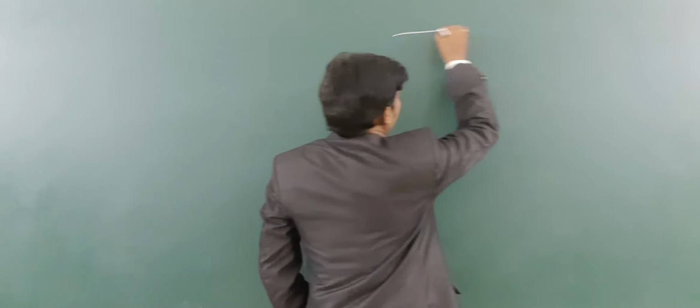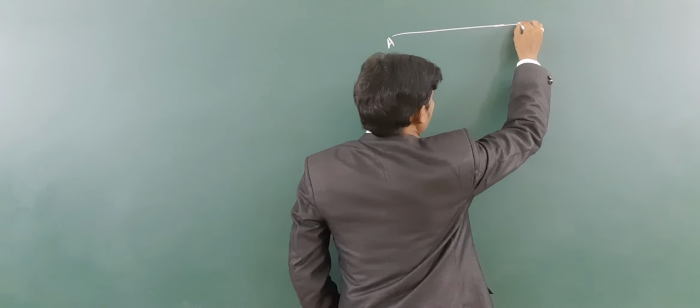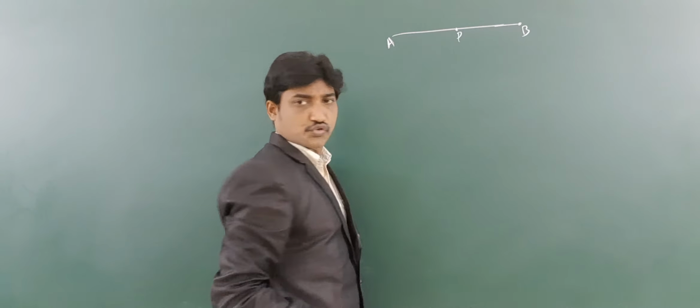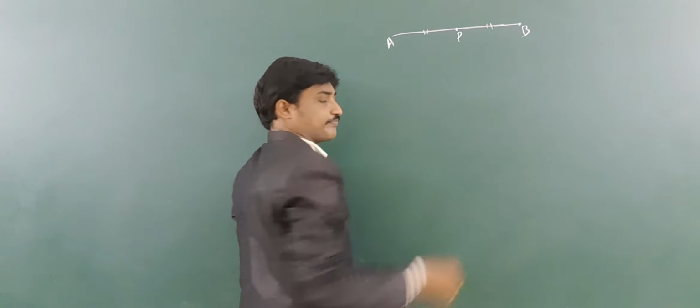There is a line segment AB, and there is a point P on AB so that PA is equal to PB.